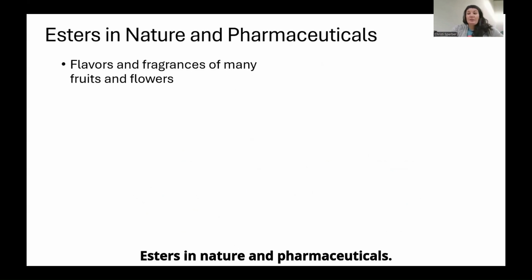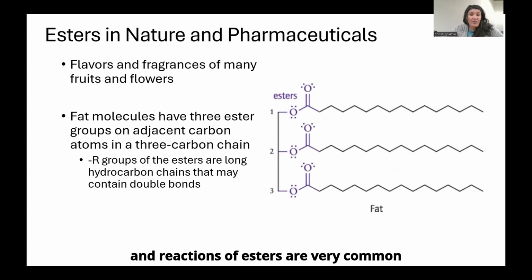Esters in nature and pharmaceuticals. Esters have flavor and fragrances of many fruits and flowers. Esters are widely distributed in nature, and reactions of esters are very common in biochemistry, especially fat molecules. So fat molecules have 3 ester groups on adjacent carbons. So this is a fat molecule.